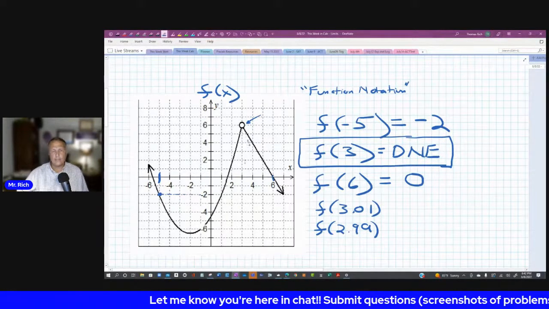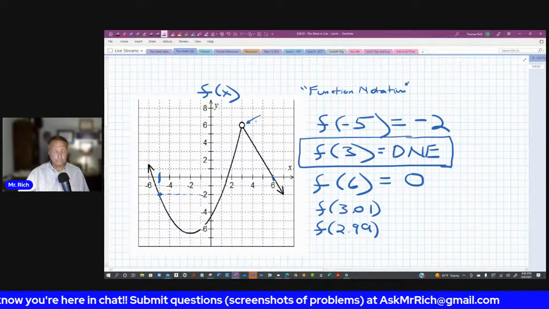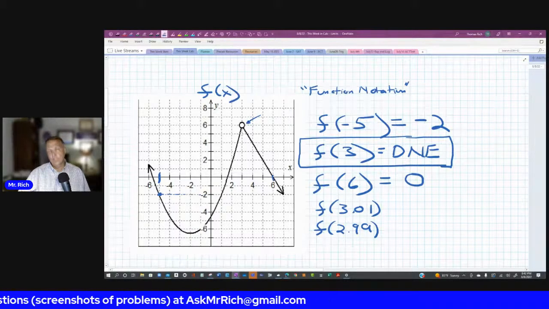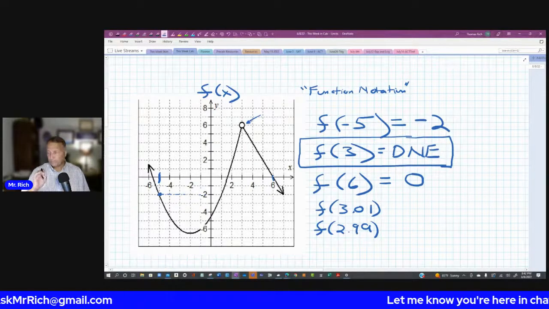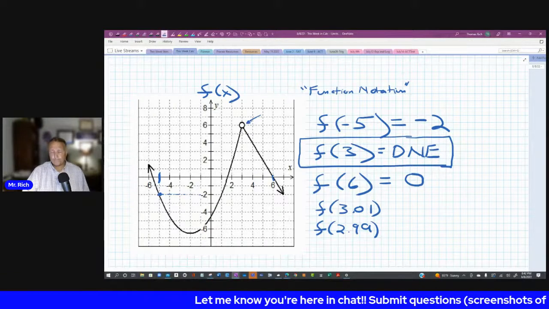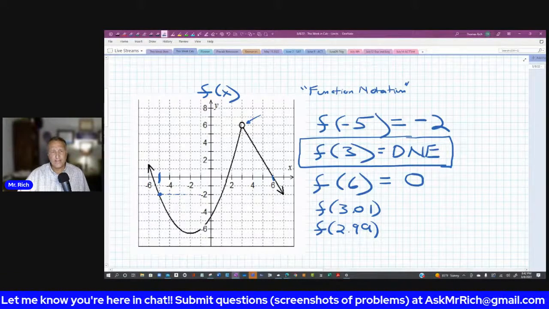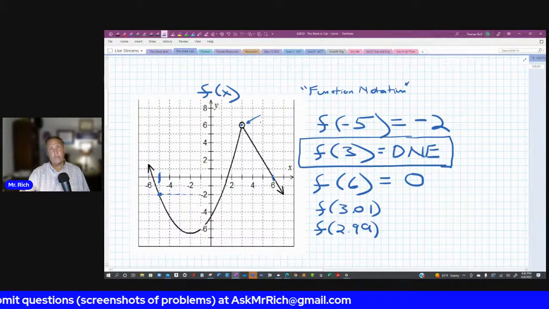That's what we call a discontinuity. It's also called a hole in the function, or a removable discontinuity. We call it removable because all that it takes is one dot right there to fill in that void, and I have just removed the discontinuity.